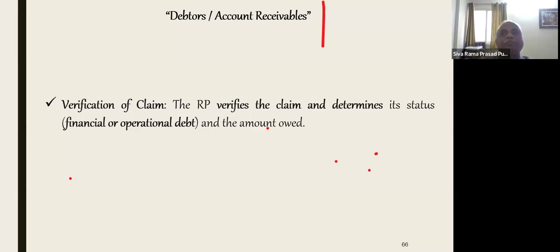Verification of claims: the RP will verify the claims and determine their status and amount.